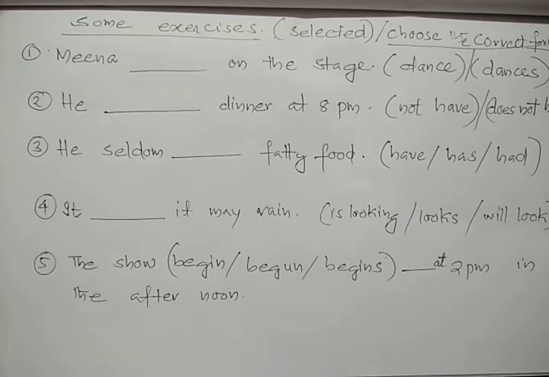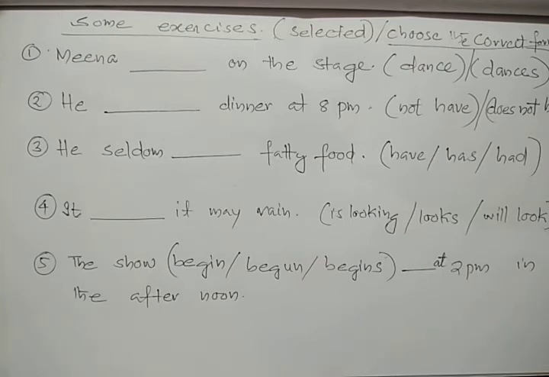Choose the correct forms of the verb. First one, Meena dash on the stage. Options, dance or dances. Choose the correct form. Second one, he dash dinner at 8 p.m. Not have or does not have. Third, he seldom dash fatty food. Options, have or has or had.